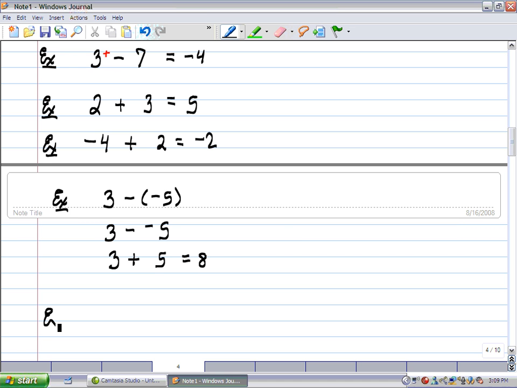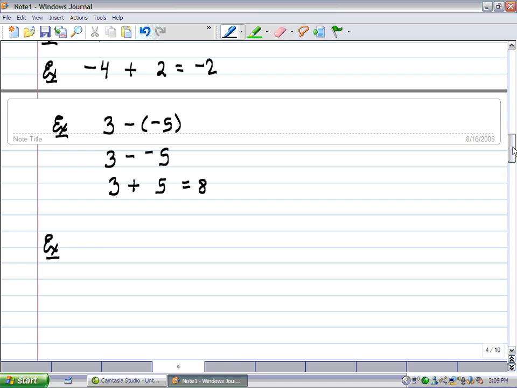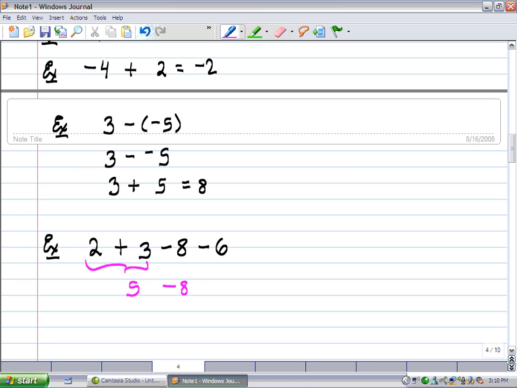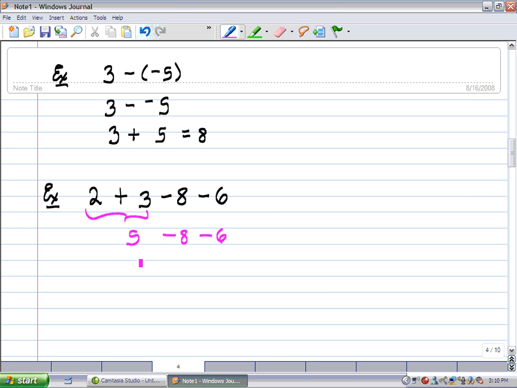If you have several numbers in a row, you can just add and subtract them in a row. Okay, so I'm going to have 2 plus 3. I'm going to do that part first. 2 plus 3 is 5, and then I'm just copying the rest. And you may not write every step. You may do part of this in your head. 5 minus 8.